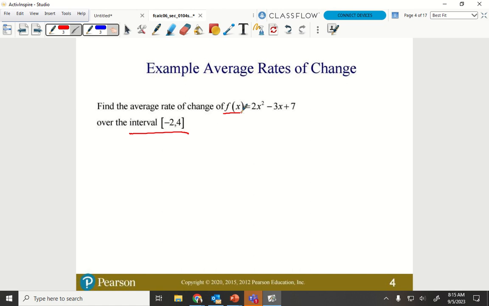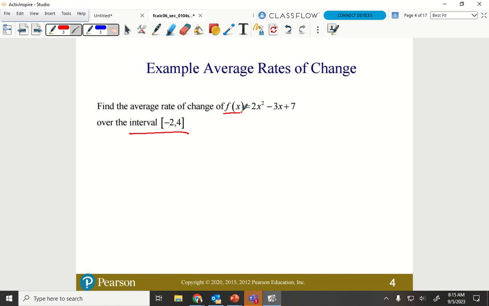Wouldn't the y value just be f of the x value? If I plug in -2 here, that means that f of -2 is going to give me my y value. Does that make sense? Denny? Did I lose you there?